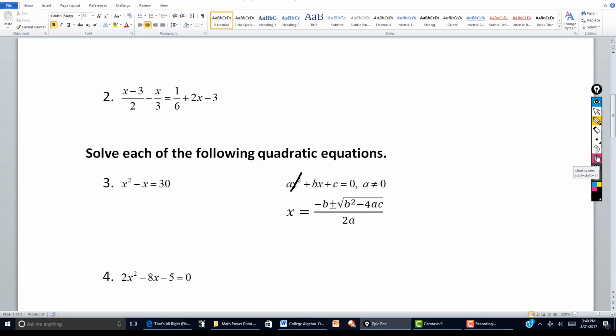Okay, so the procedures for solving quadratic equations, basically you have either factoring, the method of completing the square, or the quadratic formula. Okay, most of the time you're going to use factoring or the quadratic formula.